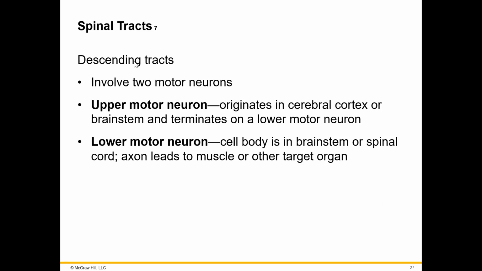Now, descending tracts, they don't have three neurons. They have an upper motor neuron and a lower motor neuron. It's interesting. How do you tell if a patient has damage in the upper motor neuron versus a patient who has damage in the lower motor neuron?